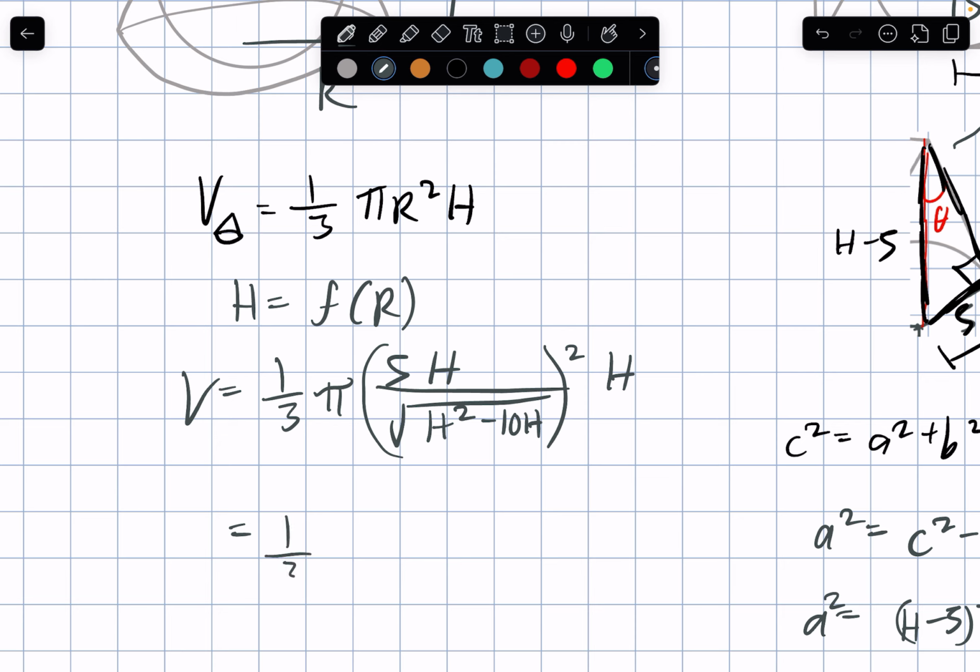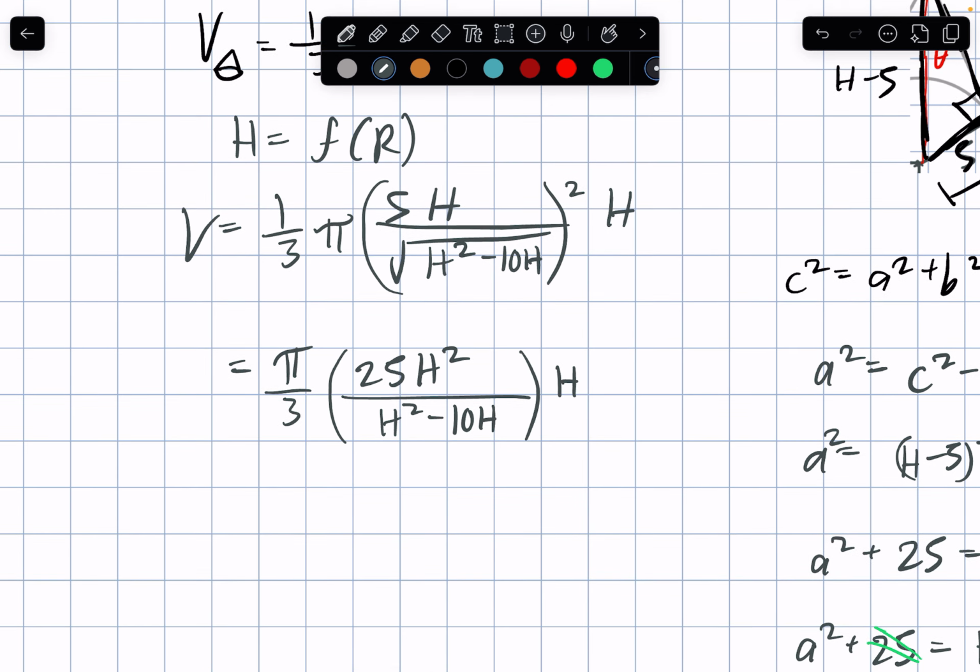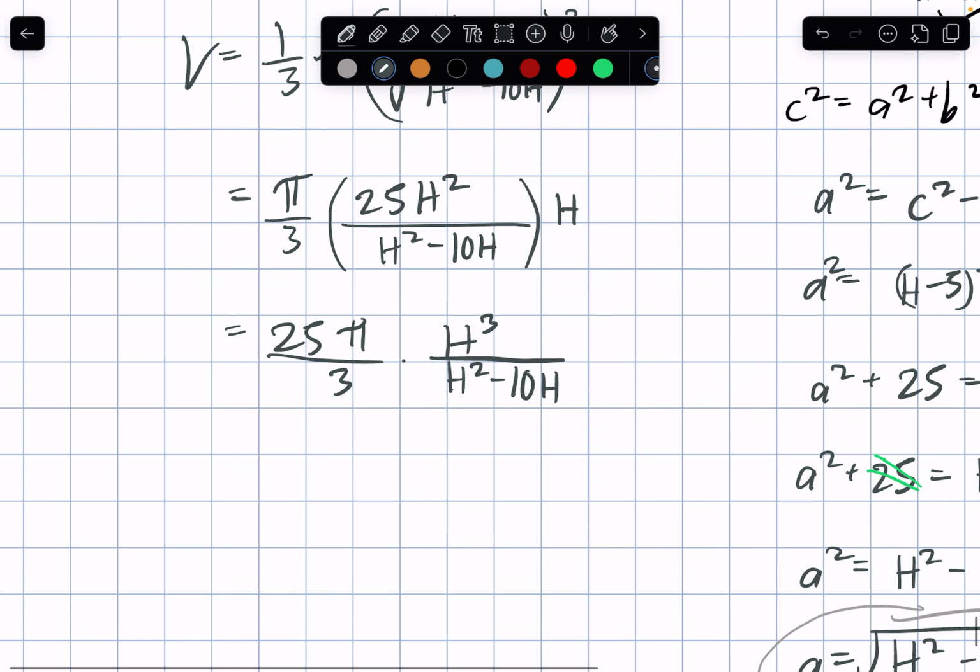We don't have a radius anymore. 25h squared, 25 pi over 3 times h cubed over h squared minus 10h.